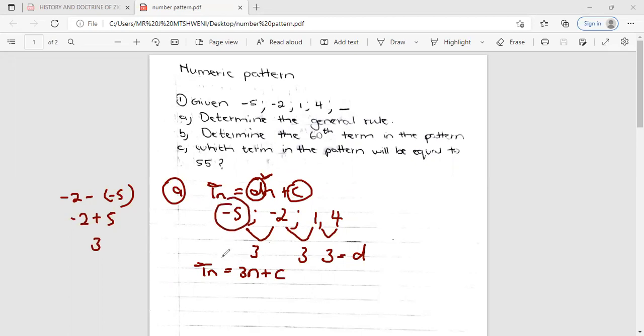Here we have 3. I must subtract 8. I must say 3 minus 8, and I get -5. I have to subtract because the value here is negative, so I won't add. So that means it will be 3n and what?